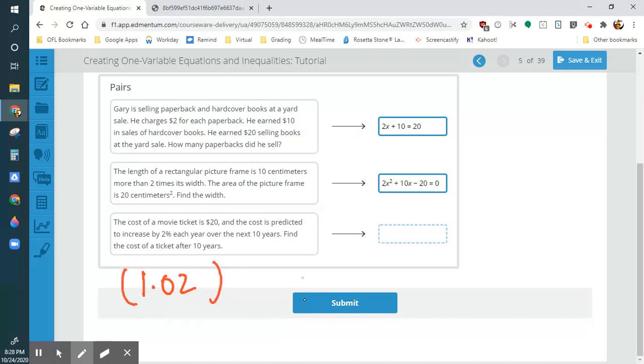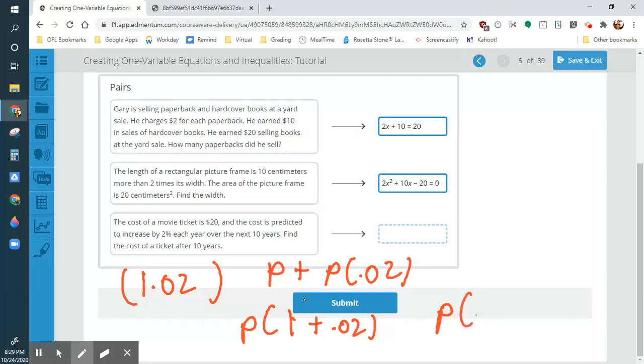This is how we increase, because it would be something like the price plus the price times 0.02. If we use factoring, we can factor out a p, and we get 1 plus 0.02. So in other words, we get p times 1.02, and we're going to keep doing it for x number of years.